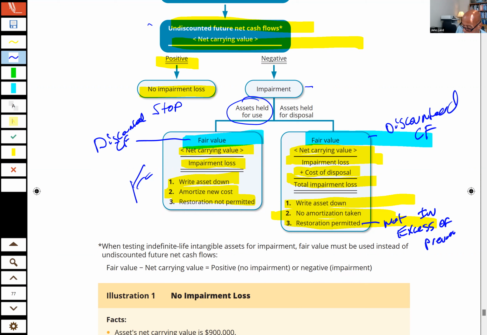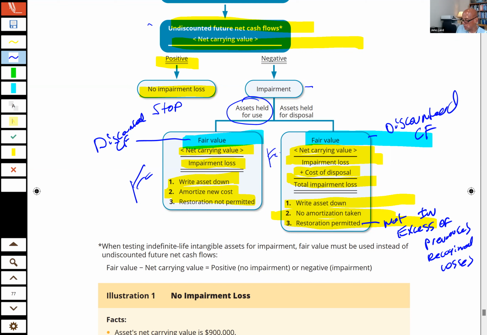So you're capped at any amount that you had written it down. You can't write it up above its original net carrying amount. I'm just going to put that in FASB speak, not in excess of any previously recognized losses. And flashcard those rules.